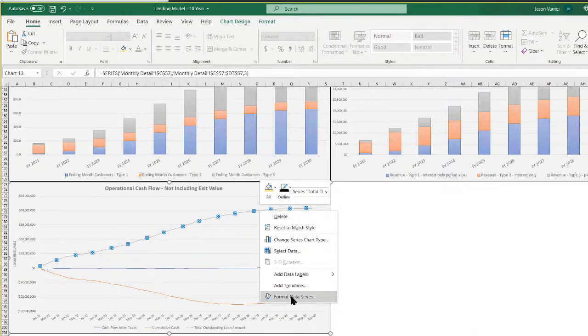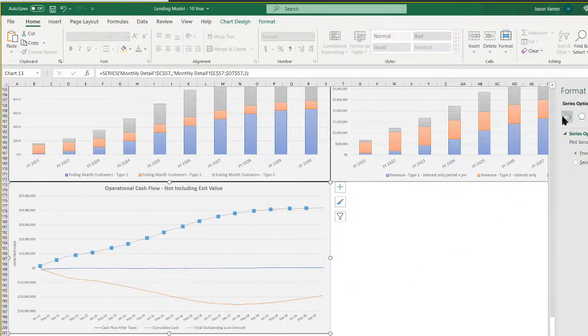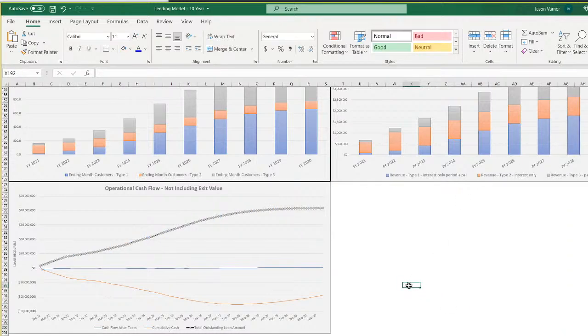Let's do some formatting here to make this look nice. Make it a bit thicker. Make this one black, and we're going to do a marker on it. Diamond. That's not an annual, we probably don't want a marker. Undo.